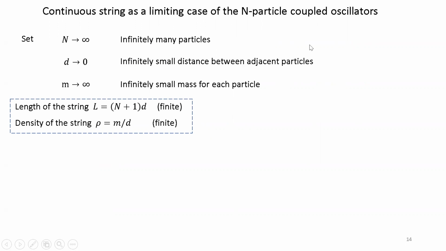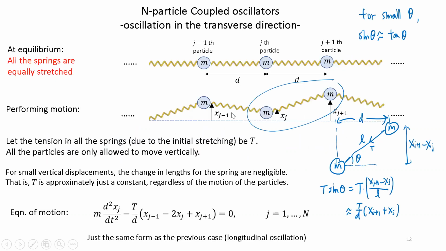Infinitely many particles. But at the same time, because we're fitting in more and more particles, we are not really making the system longer and longer. We are just having a fixed length of space, just fitting more and more particles. And that means the particles have to stay closer and closer together, so each spring has a shorter and shorter length.